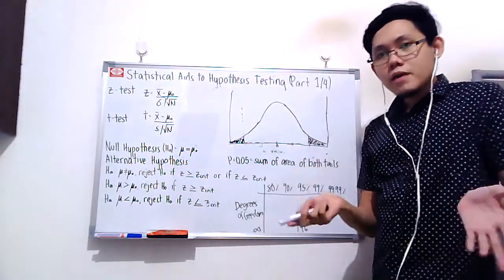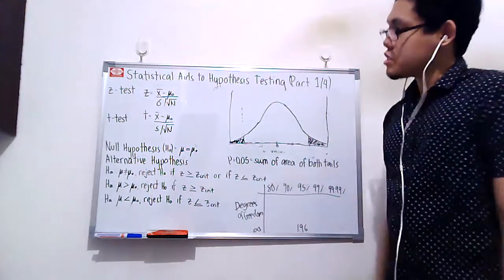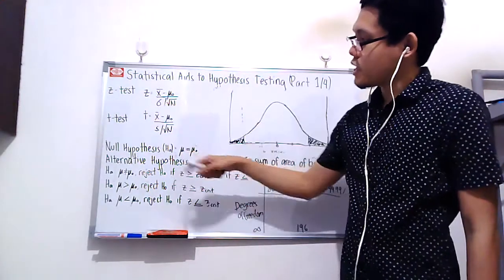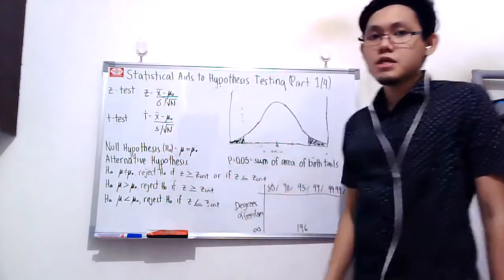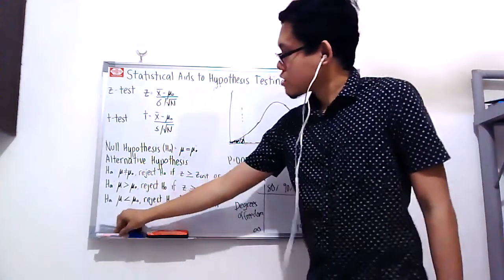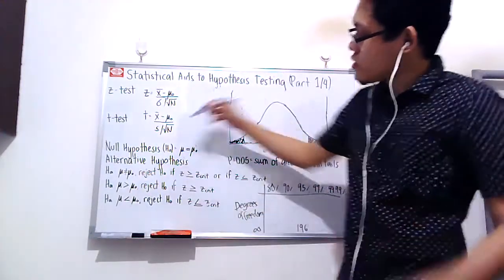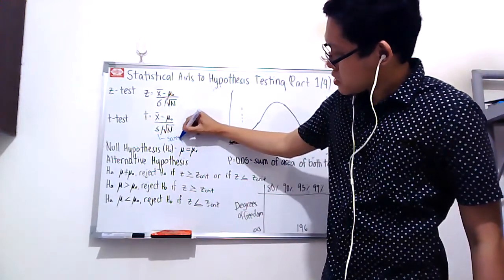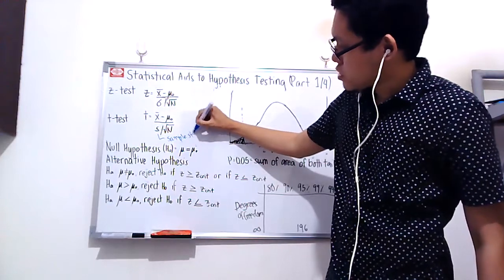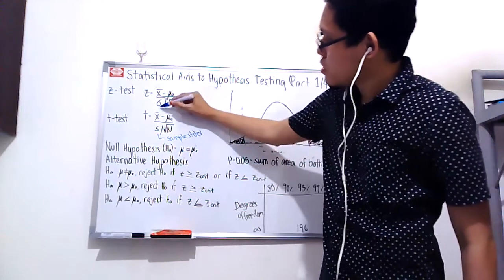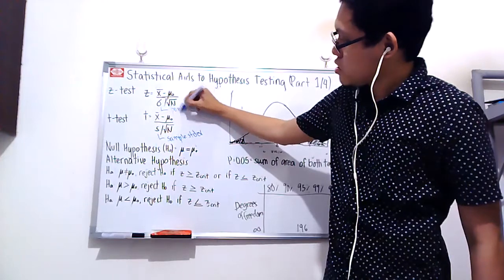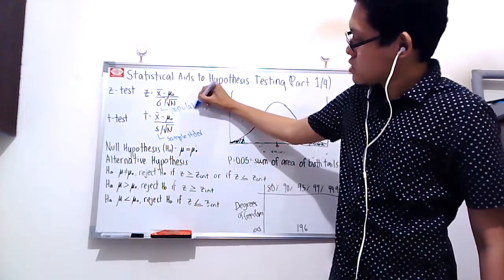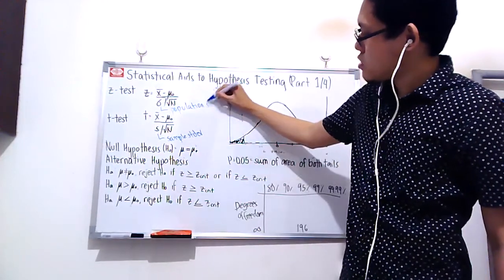The only difference between these two formulas is that your Z test has sigma and your T test has S. So, to start off, your S is your sample standard deviation, while your sigma is your population standard deviation.